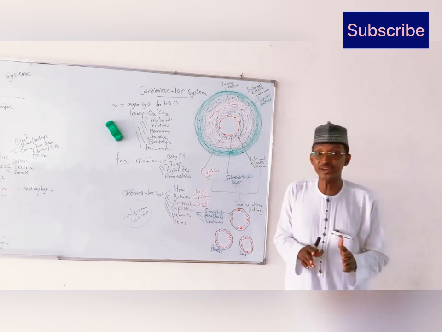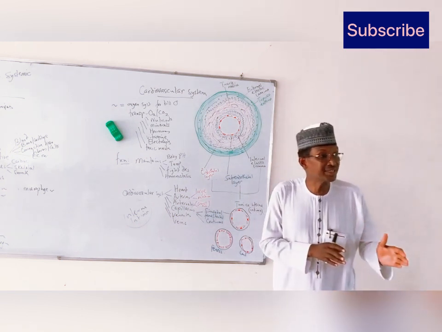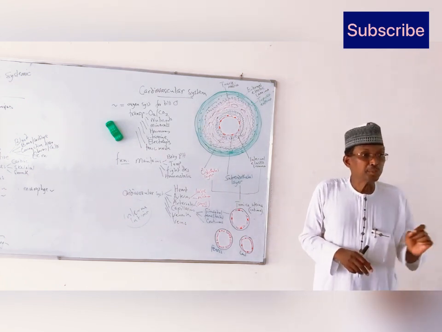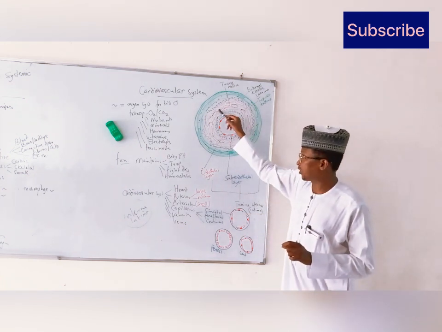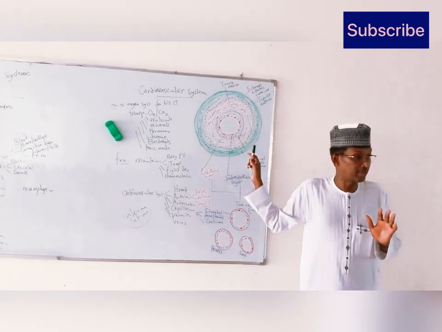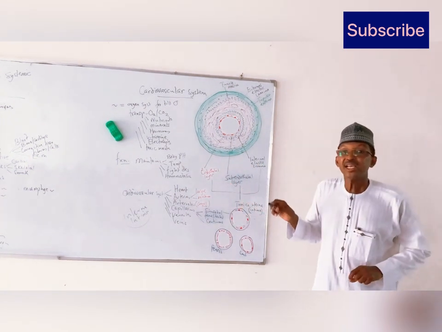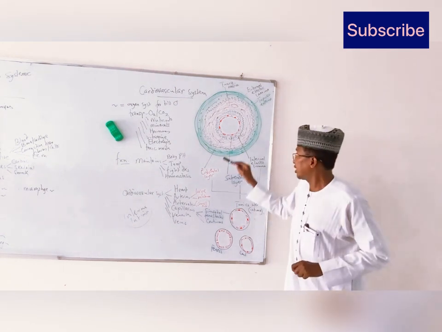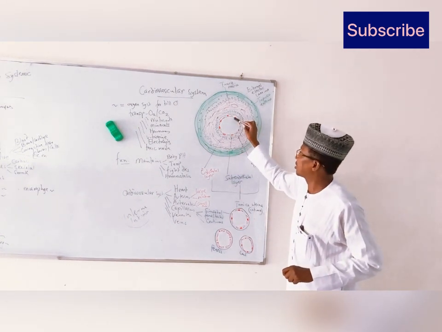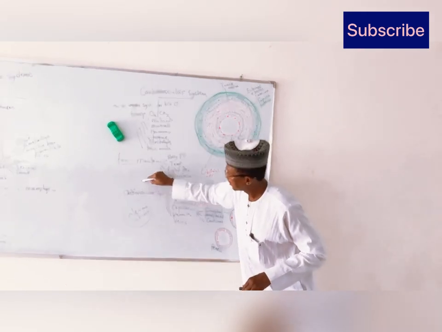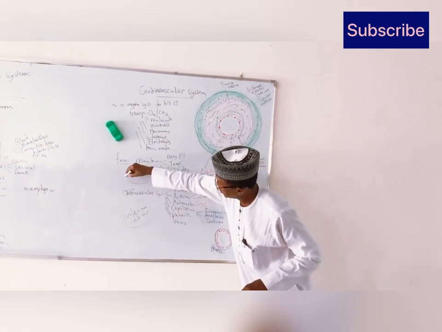So what are the differences between an artery and a vein? The only difference between an artery and a vein with regard to this histologic arrangement, everything is the same. But the only difference is that when you look at it under a microscope, if it is a vein, instead of you seeing this lumen round like that, it's going to be collapsed, like this.